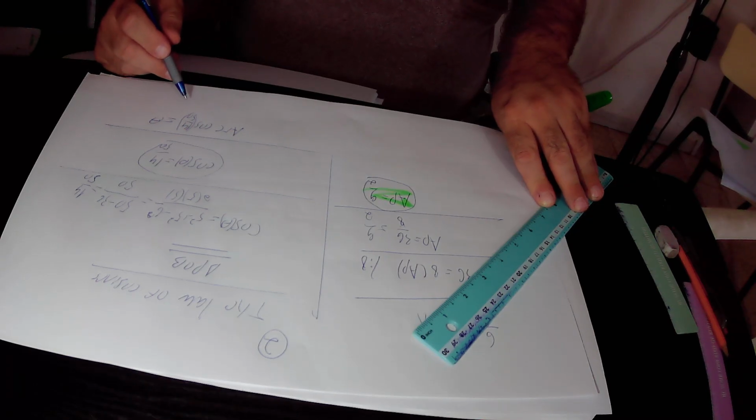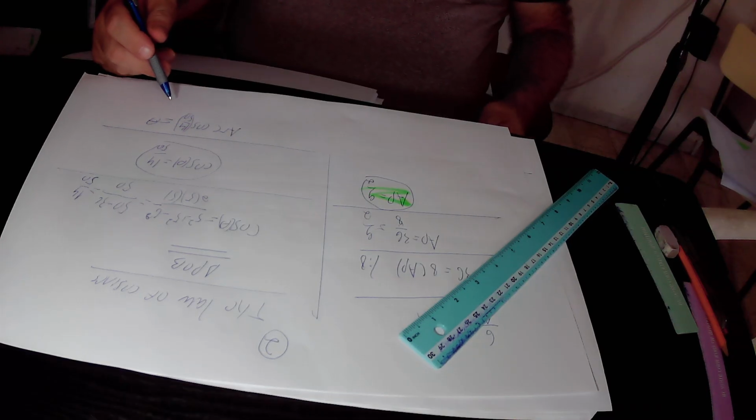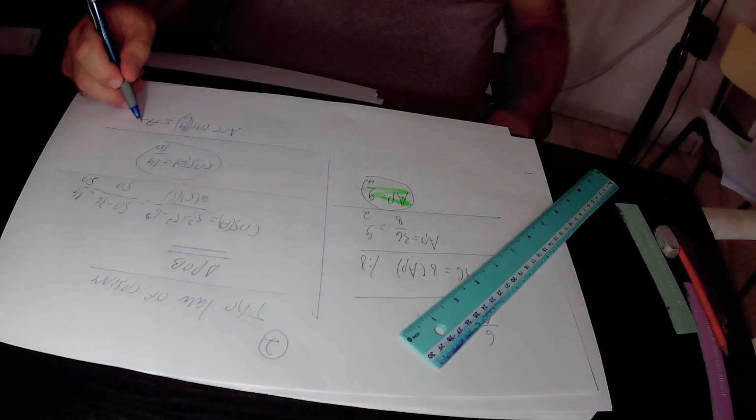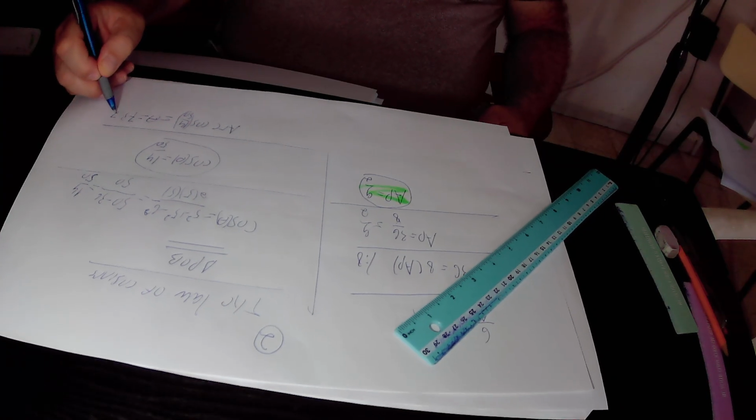Actually, arc cosine 14/50 you can calculate in a simple calculator. You get that theta itself equals 73.74 degrees.